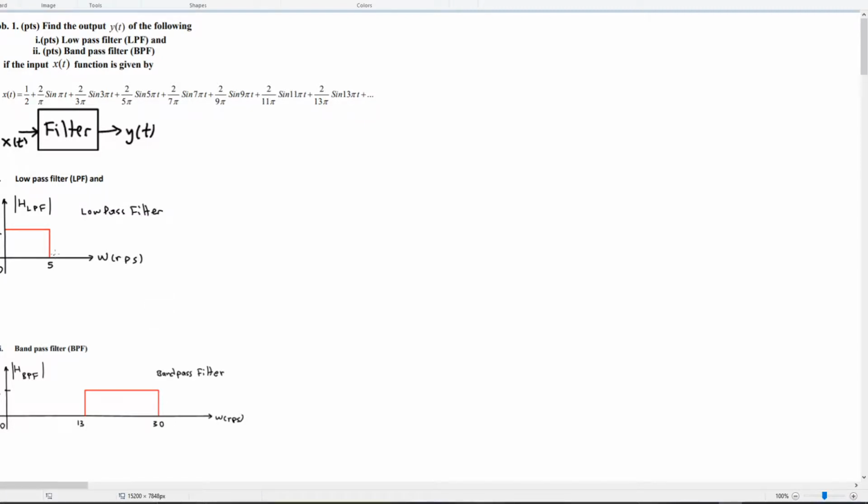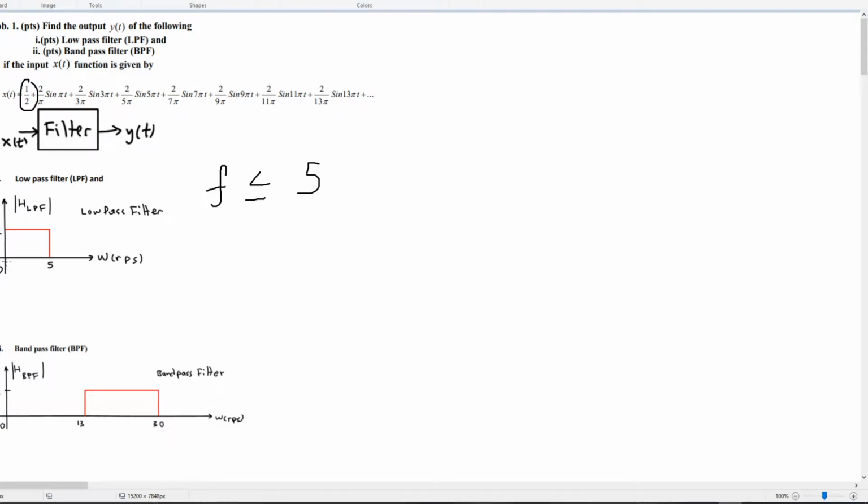With this type of problem, first you just want to focus on the low pass filter right over here. It's set to 5. So basically the frequency has to be less than or equal to 5. After we do that, we can see all the individual frequencies and compare that to 5. So let's start with 1.5 here. For 1.5, it's basically saying that there is no sine value.